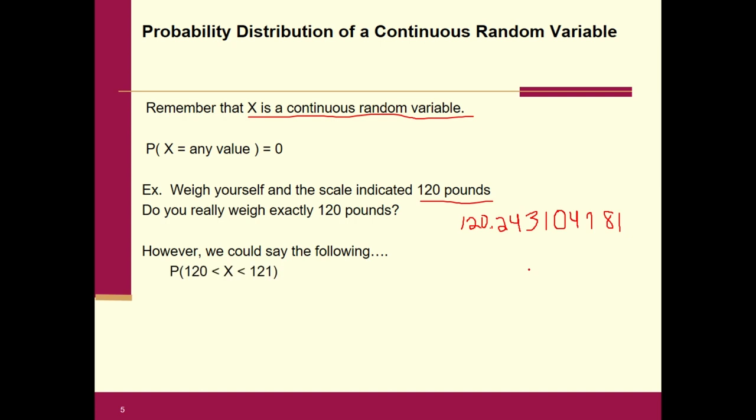We could then say that the probability that your weight is somewhere between 120 and 121 pounds exists. So we can't set it to any specific value, and we will always have to work with an interval of numbers. We're always going to create an interval in the continuous world.